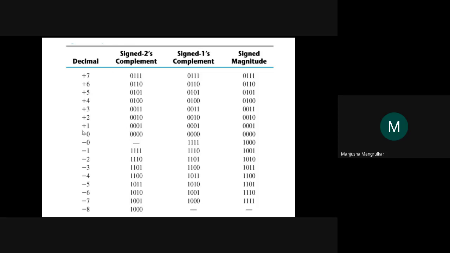For positive numbers 0 to 7, 1's complement and 2's complement are the same. So what is the difference between 1's complement and 2's complement? Only the negative numbers. The method of 1's complement and 2's complement is used for the negative numbers, minus sign numbers. The rest are positive numbers.